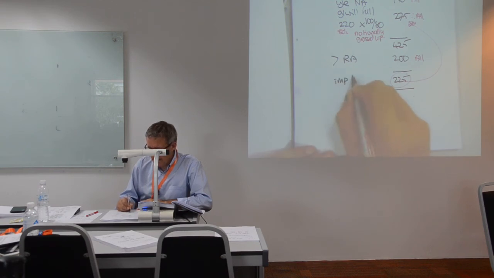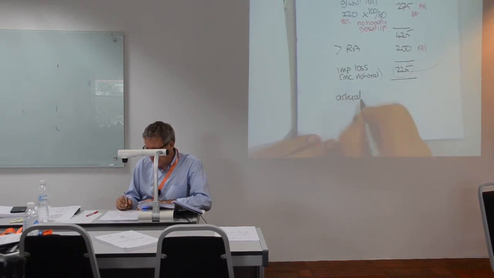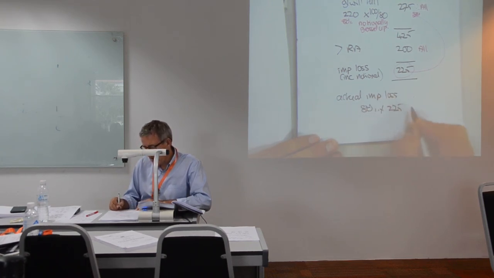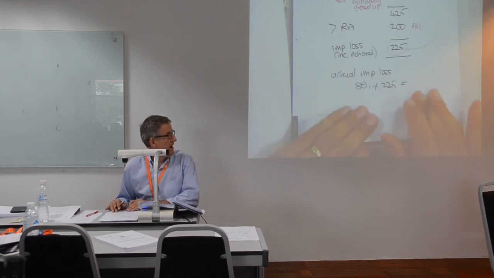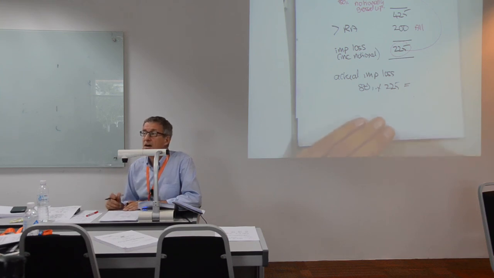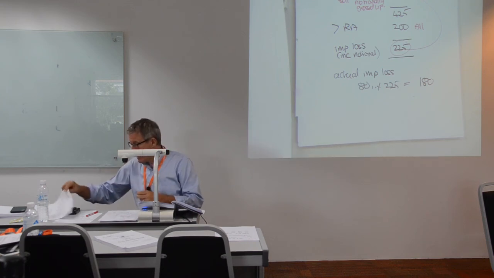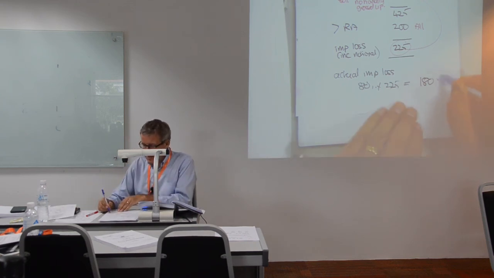That is your impairment loss, but that is including the notional grossing up. So your actual impairment loss is 80% of the 225. How much is that? 180. And so that 180 is the real deal.